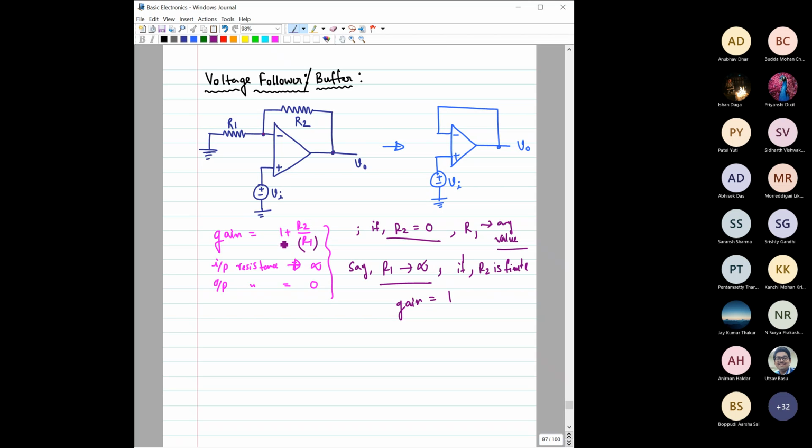So the condition on R2 is only that it has to be finite. R2 can be 0 as well, or you can choose any other resistance. So if R2 is equal to 0, this circuit will also work fine. That's what we saw for the first case: if R2 is equal to 0 and R1 is of any value, the circuit would also work.